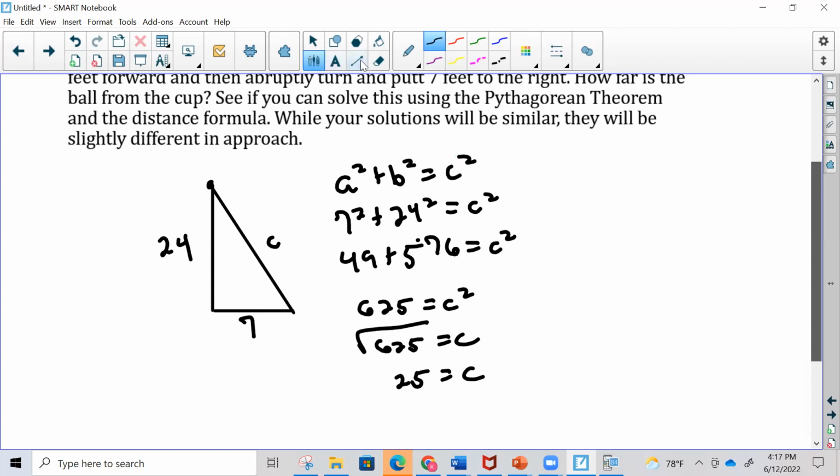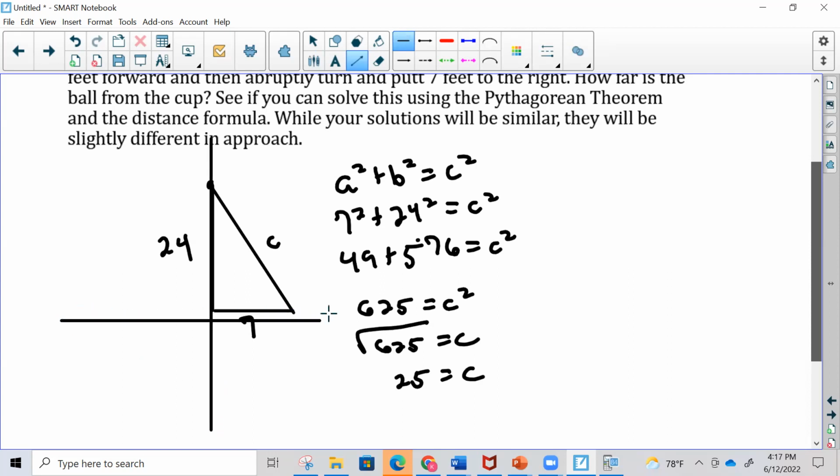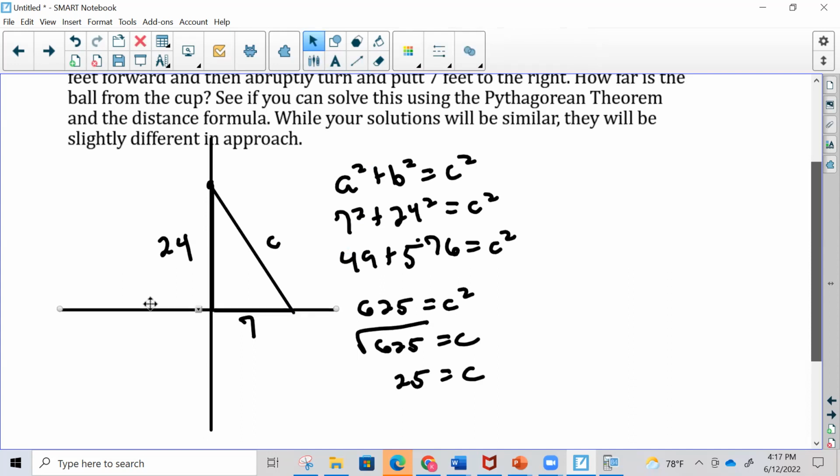Now, if you wanted to do this with the distance formula, you should make a graph. You can really do it anywhere, but to make your life easiest, make the graph so that the origin is where those two sides come together. Then this point would be 0, 24, and this point would be 7, 0.